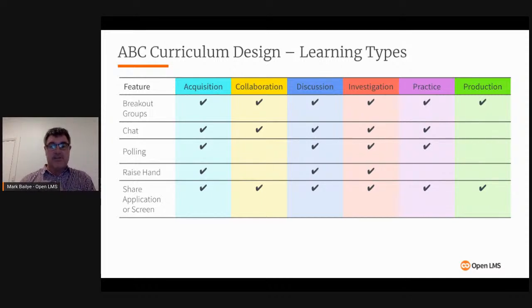So if I want to use the chat, what's the context behind it? Do I want to use it to get students to collaborate on an idea in a breakout room? Do I want to use the chat because we're investigating something? Or is it just generally to have some discussion?